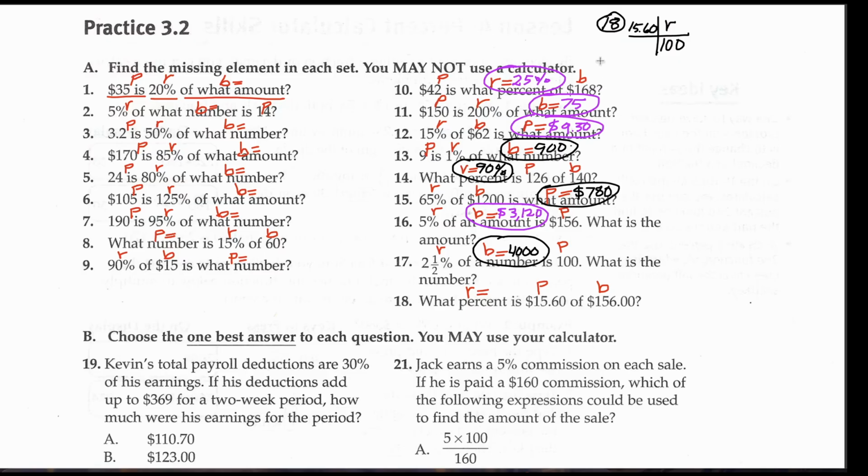And the $156 is the base. $156. Okay. So what we do here is we need to multiply the 15.6 times the 100. That is the first step. So let's do just that.